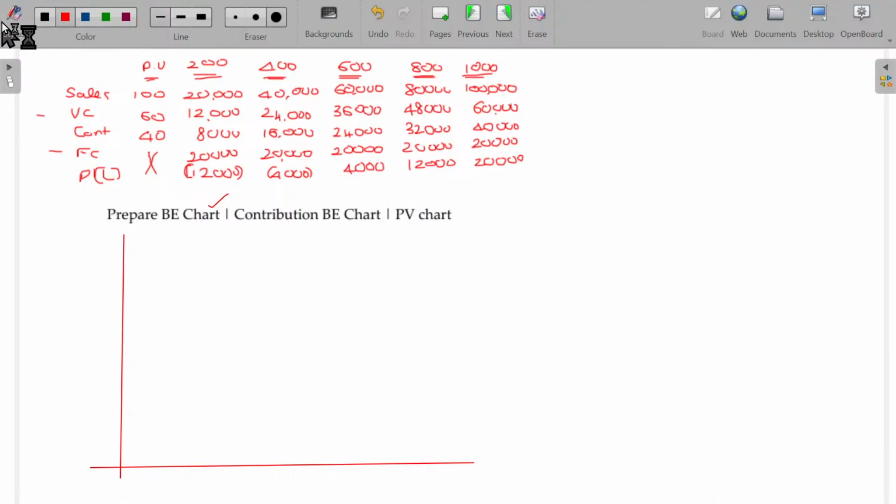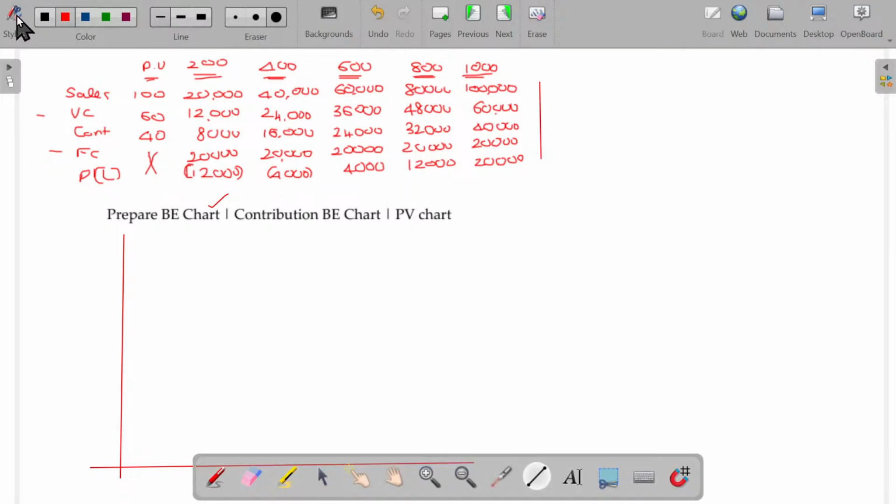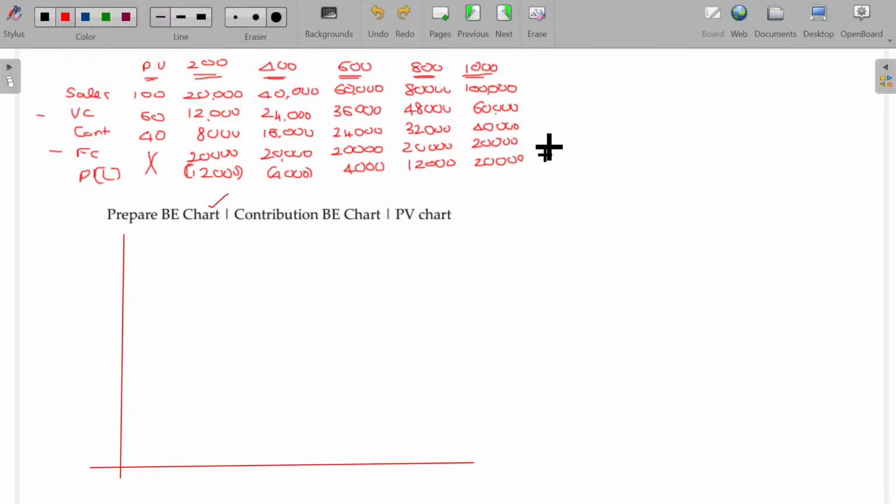Yes, the points that we have here are going to be plotted. Rupees as well as quantity.